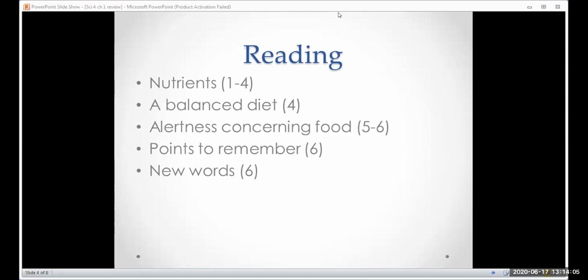Teacher, yes, we highlighted. Okay, and also underline the five basic nutrients, that is proteins, fats, carbohydrates, vitamins and minerals, water and roughage. Underline them as well, highlight them as well.